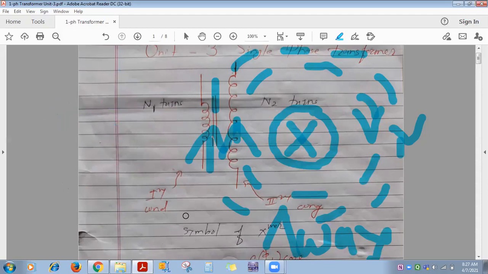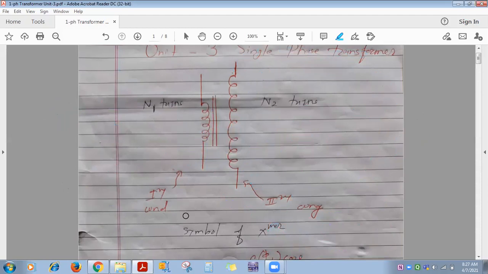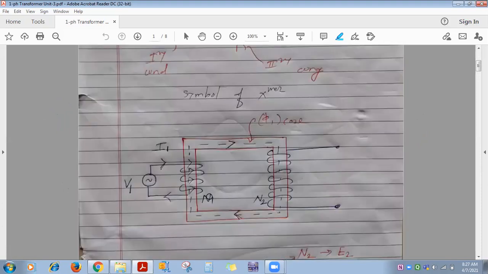So here what is the case? The conductor is straight and you are wrapping the fingers, so thumb along the current direction and fingers along the magnetic field. But in this case, this is the vertical side limb, and on this the conductor is wound. This conductor is not straight here.